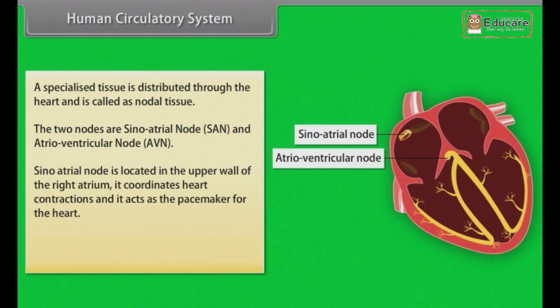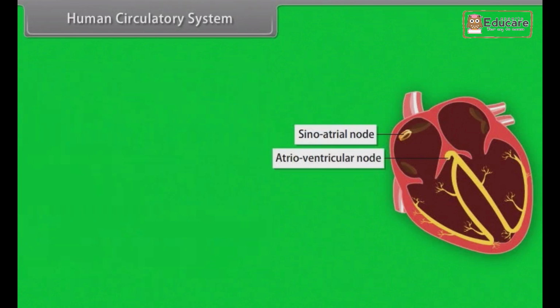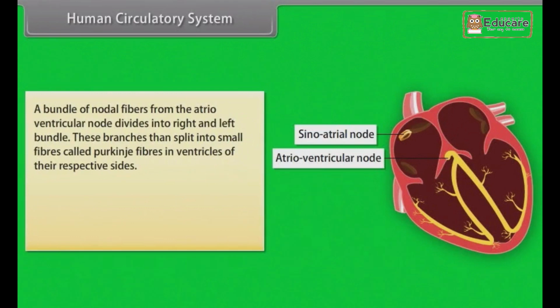Sinoatrial node is located in the upper wall of the right atrium. It coordinates heart contractions and acts as the pacemaker for the heart. Atrioventricular node is present in the right atrium near the atrioventricular septum. A bundle of nodal fibers from the atrioventricular node divides into right and left bundles.